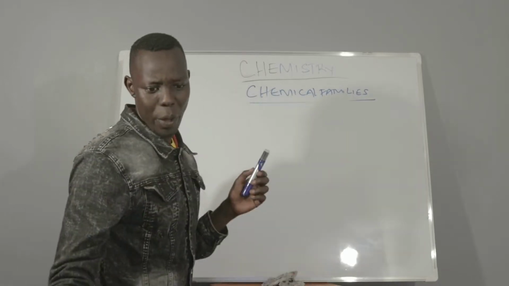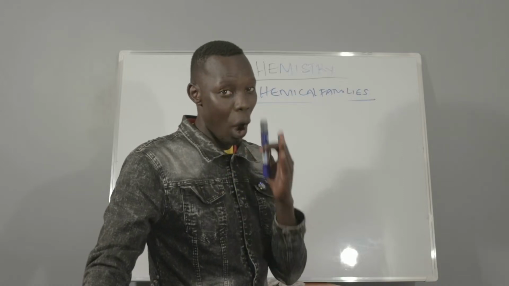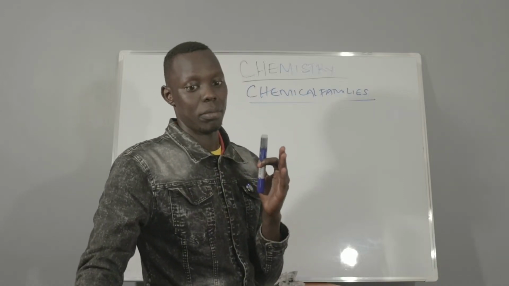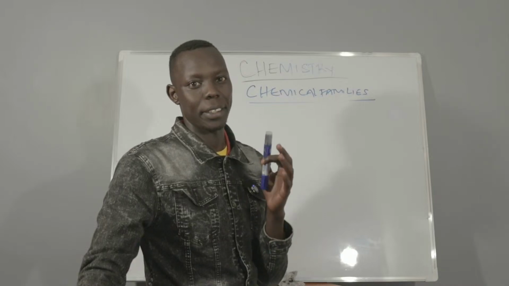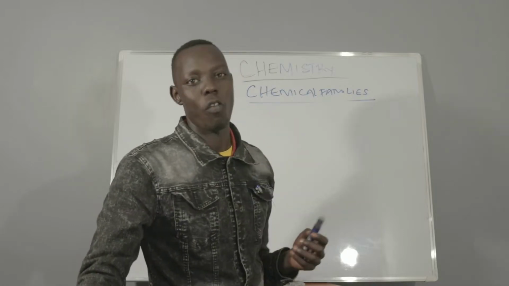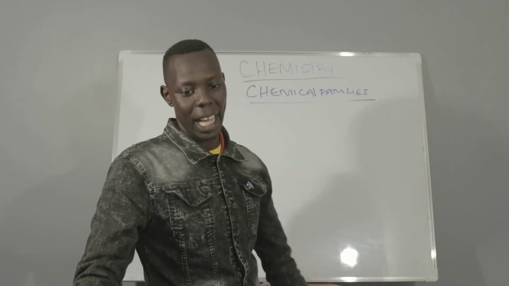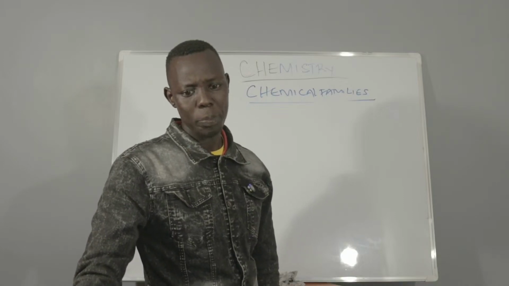Good. We're still there. So you now know how to explain electrical conductivity of metals, or specifically alkali metals. Now, I want us to check on what we call chemical properties.